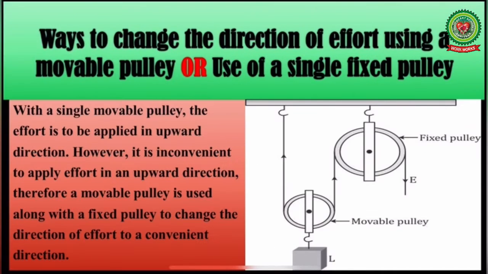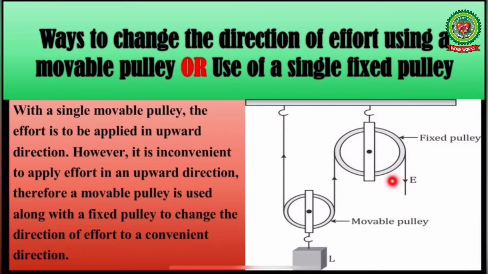So we use one single fixed pulley next to this movable pulley, and we wind the strand over this single fixed pulley so that the direction of effort changes to a convenient point. This is how the direction of effort is changed in case of a single movable pulley, and this is use of single fixed pulley also.